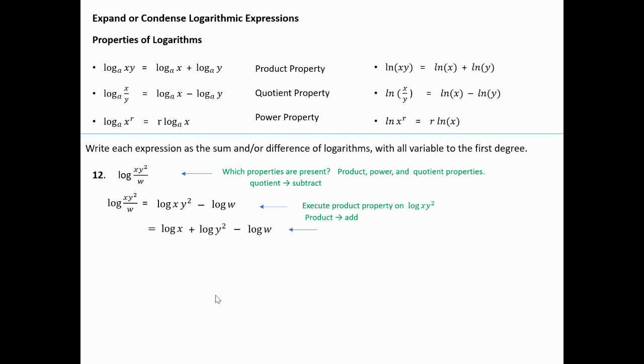Now we have to execute the power property, where the exponent goes to the front. The 2 goes to the front. And now this is how it's simplified. So we go from log of x times y squared divided by w is equal to log of x plus 2 log of y minus log of w.